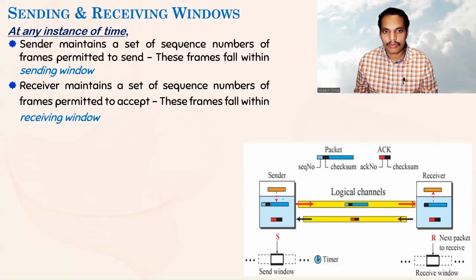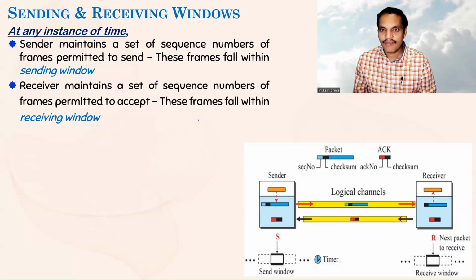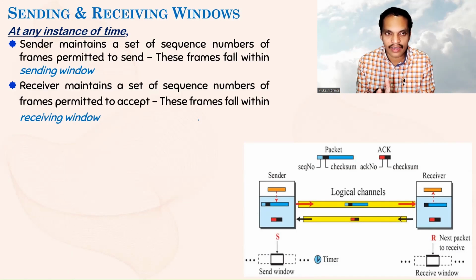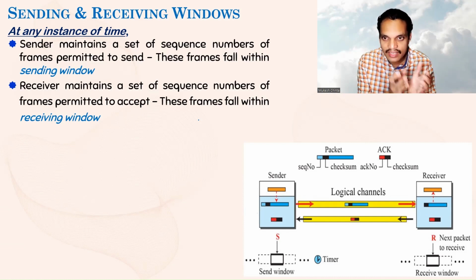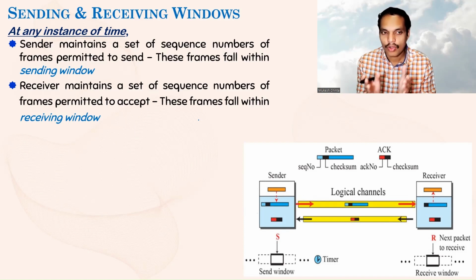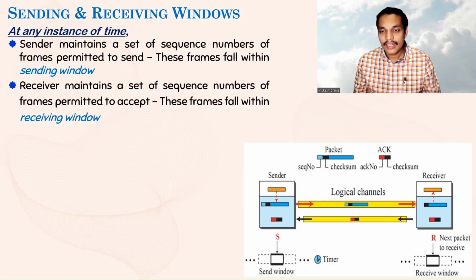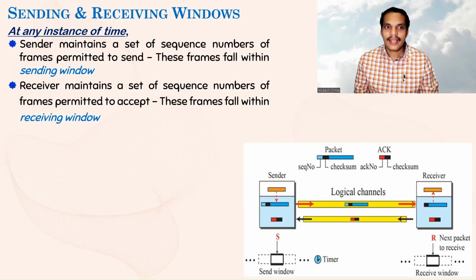Okay. Now, let me show you. For this to be understood clearly, the most important point is understanding what a sending window is, or how the sender maintains this window, and similarly, what a receiving window is and what it has to do with the receiver. A sender maintains a set of sequence numbers of the frames it is permitted to send.